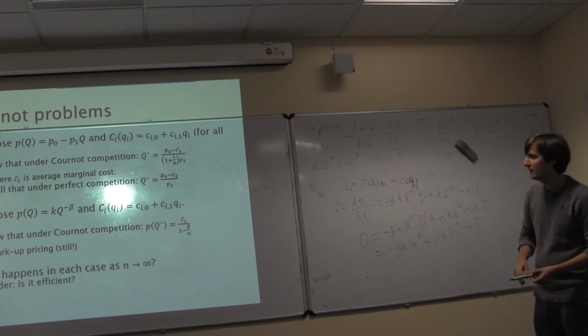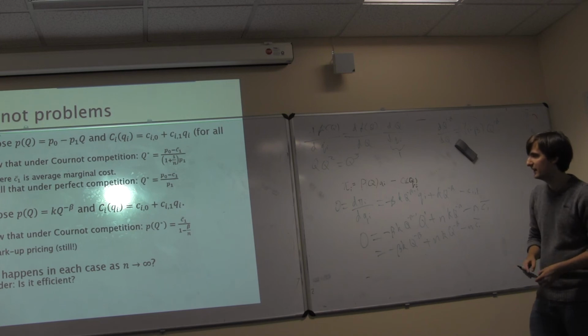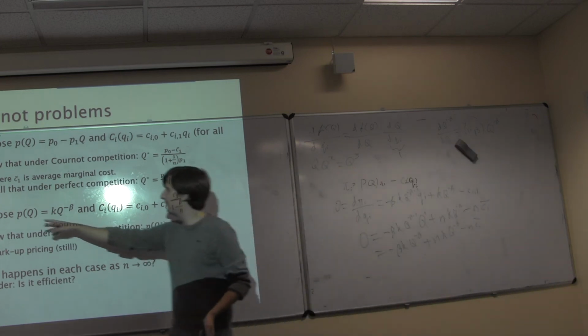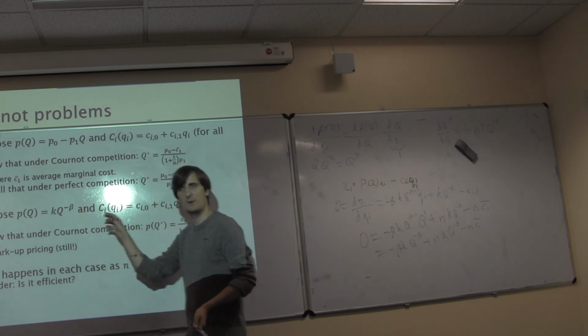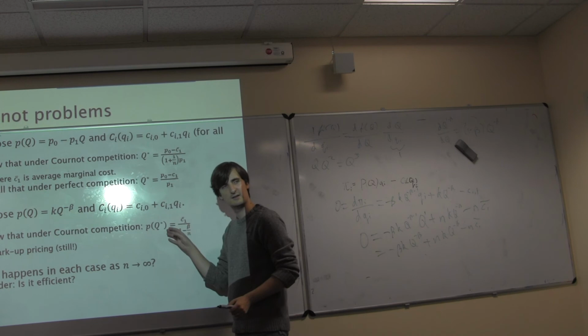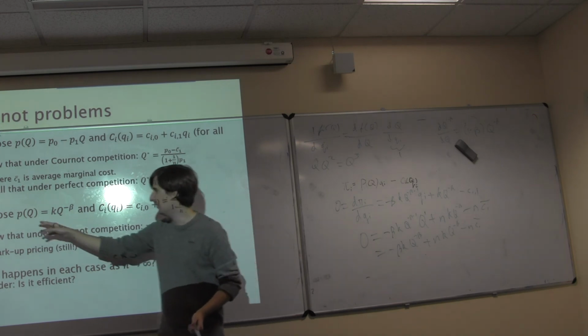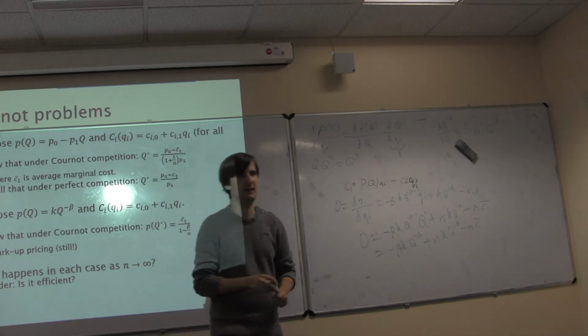Okay, so the next trick we're going to use is to remember that the price is k times q to the minus beta. So when you're working with these isoelastic demands, it's often helpful to substitute the price back in.